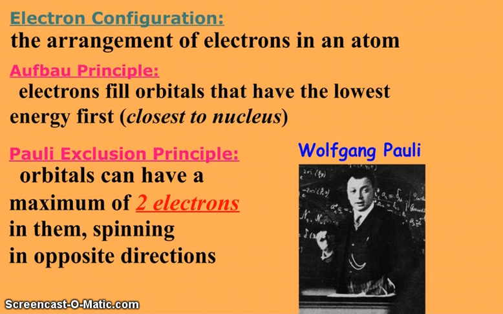So, in order to be in that tiny little orbital together, they have to be spinning in opposite directions in order to create oppositely charged magnetic fields. That way they can be in such a small space together. So the electrons are going to be closest to the nucleus in the lowest energy positions, and we can have up to 2 electrons in each orbital.